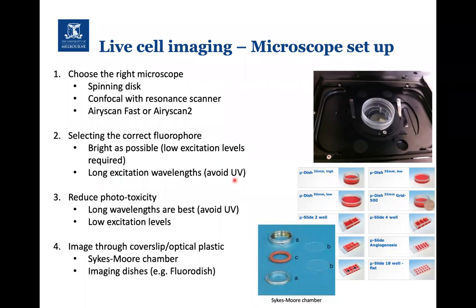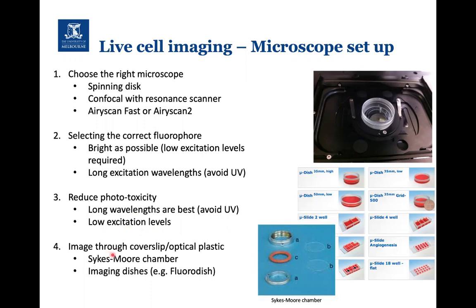And you know how humans don't like UV, so cells also do not like ultraviolet light as well. That goes on to the reduced phototoxicity, so longer wavelengths if we can, and also try and make sure that those excitation levels are used at the minimum that we can actually get away with for the experiment.